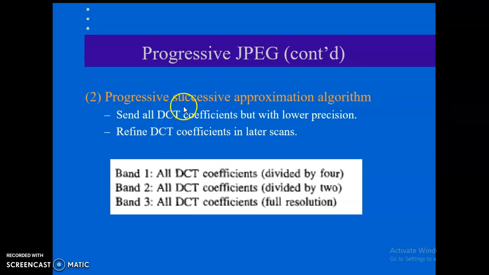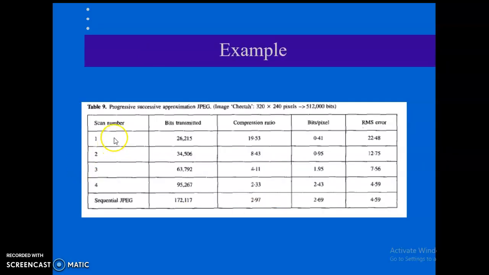Progressive JPEG continuation, successive approximation algorithm: send all DCT coefficients but with lower precision, and refine the DCT coefficients in later scans. Band 1 all DCT coefficients divided by 4, band 2 divided by 2, band 3 full resolution. Example, progressive successive approximation JPEG image, 320 by 240 pixels, 512,000 bits.